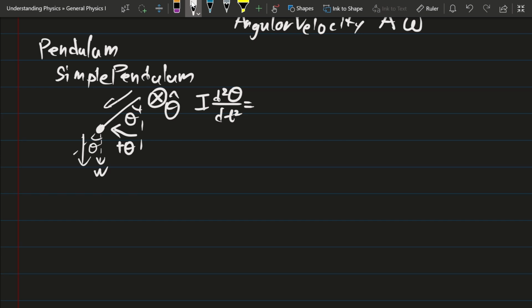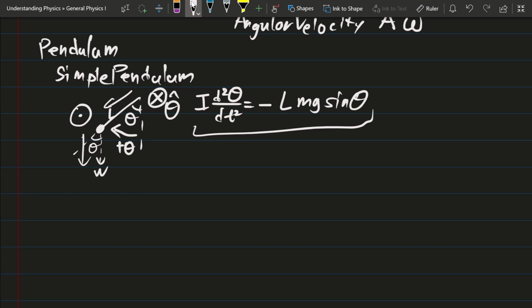This theta is going towards the screen, and if you check this, this is going towards us. So this will be the negative sign. So it basically means that it is in the opposite direction. And then we will need the length of this pendulum, which is L, multiplied by the weight, which is mg, sine theta, which comes from the cross product. And so this is the relation for a simple pendulum.